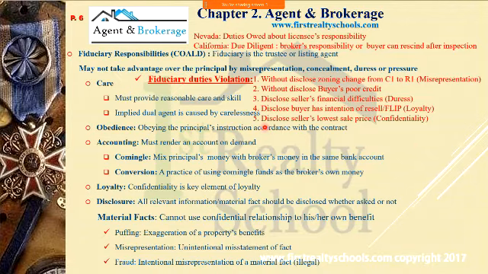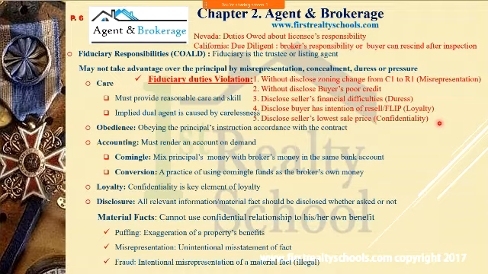Okay, number 5, disclosing the seller's lowest sale price. That's a violation of confidentiality. You know, the seller is listing the property for $1 million.